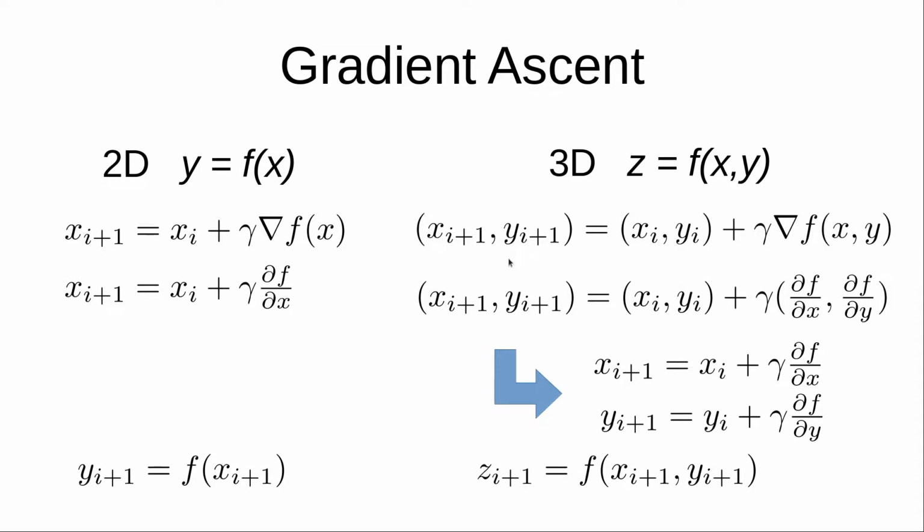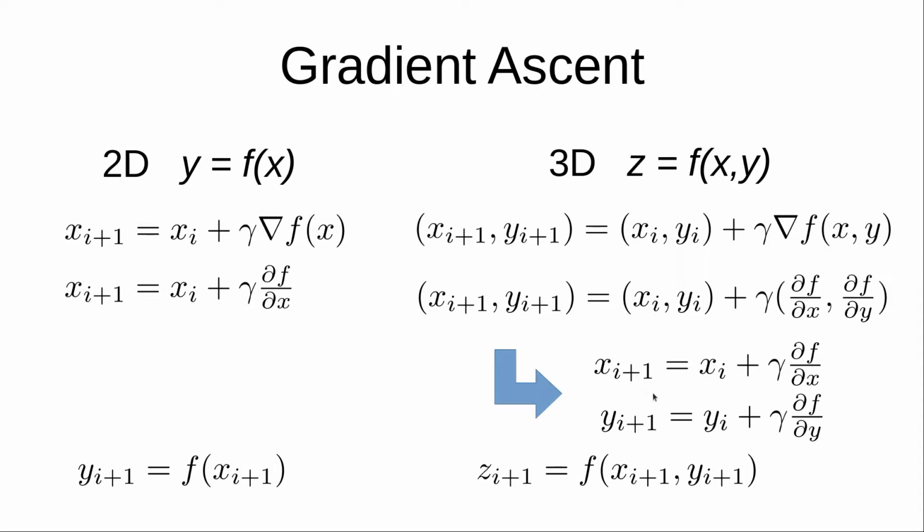We're always calculating the next value from the current value, and we add in a gamma weighted term, or learning rate, times the gradient of this function. The gradient of that function can be reduced to two partial derivatives with respect to either variable x and y. And if we split this up, we can solve for x and y independently, and we can use the partial derivatives independently as well.